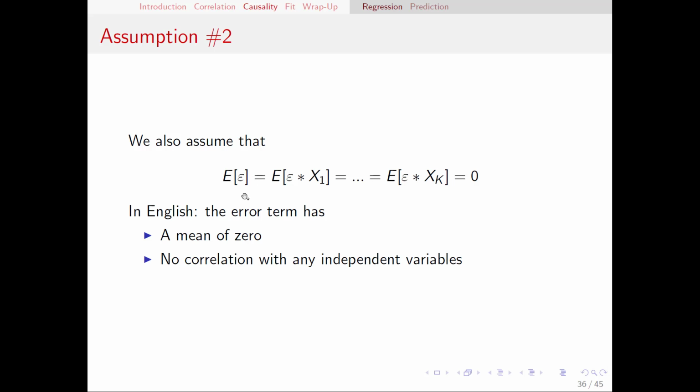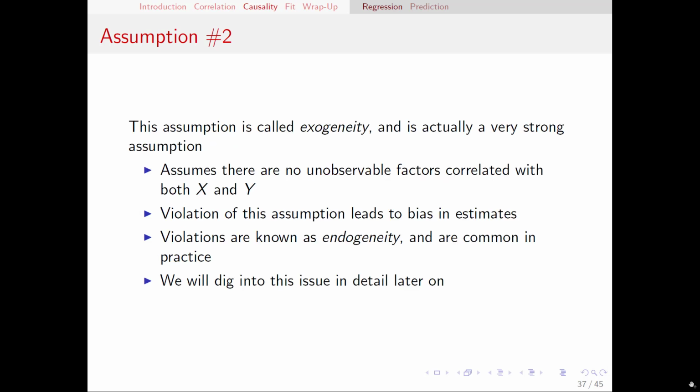It must also be that epsilon has 0 correlation with any of our independent variables. We can write that as the expectation of epsilon times x1 is 0, the expectation of epsilon times x2 equals 0, and so on. This part is actually the more important of the two, and this is the assumption that we call exogeneity.